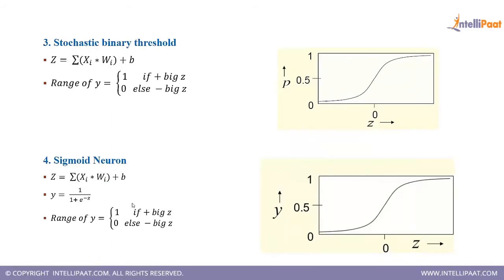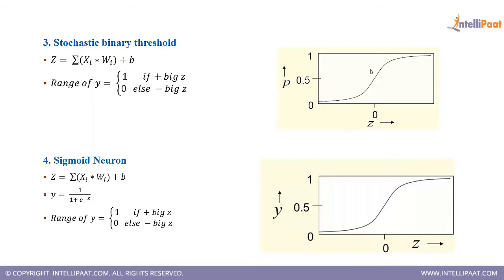So the stochastic binary threshold is where your value ranges from 0 to 1. You specify the threshold at 0.5. At a positive z value, you get 1, else you get 0. Whenever the computed z value is lesser than 0, the value turns out to be 0, the probability value.